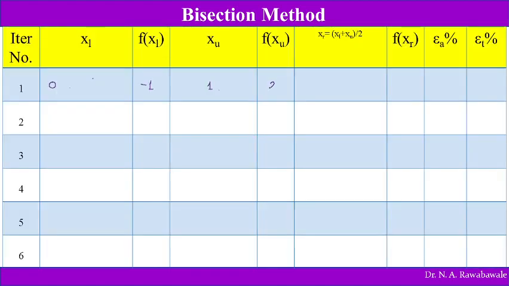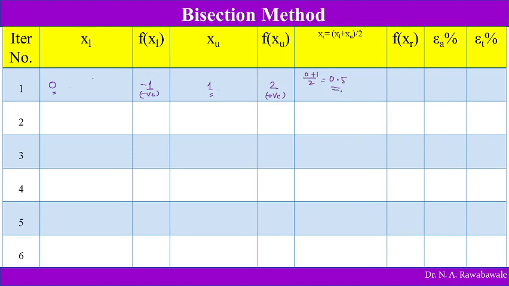So XL is 0, XU is 1, once negative and once positive. Now to find a revised approximation, we take the average of 1 and 0, that is 0 plus 1 divided by 2, which yields 0.5. So the fresh, revised approximation is 0.5.